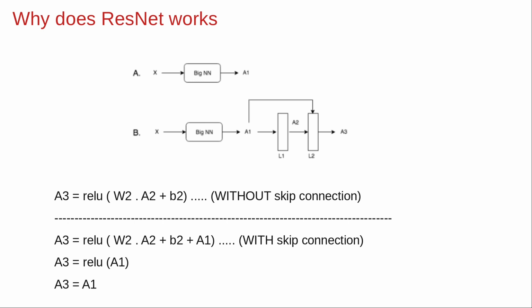But with a skip connection, this term A1 needs to be considered for calculating the value of A3, because the skip connection means this A1 is getting added, skipping this layer, to my A3. So then the equation becomes A3 equals ReLU of W2A2 plus B2, which is the same as we had previously. To that, I also have to add A1.